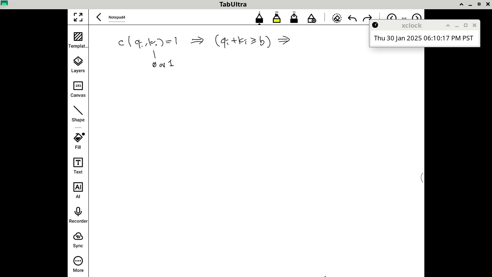And because we know that k of I can only be up to 1, this automatically implies q of I has to be exactly b minus 1. Does that make sense? If c of qi is a 1, then we know q of I has to be b minus 1.